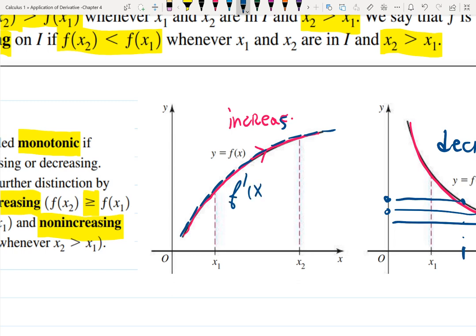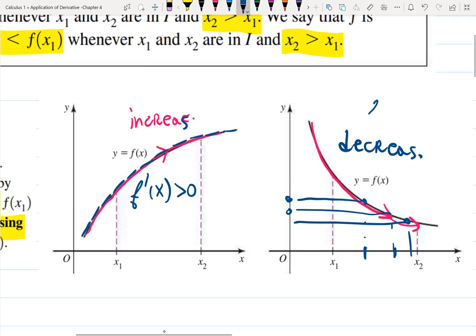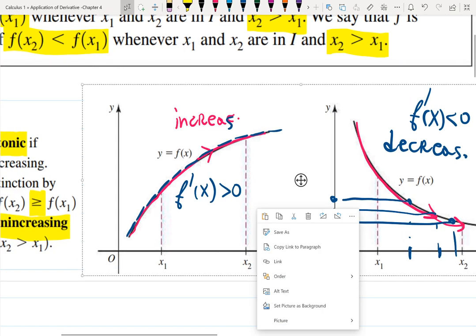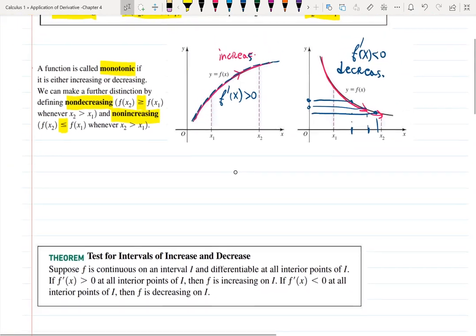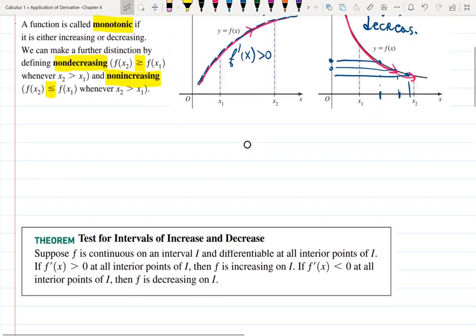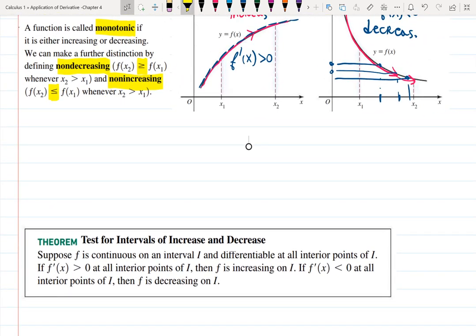f prime of x should be what? Positive. Wherever the derivative is positive, it seems like the function is increasing. Wherever the derivative is negative, it seems like the function is decreasing. Make sense? So we just basically need to find intervals where my derivative is positive or negative. And this is the theorem which is called the test for intervals of increase and decrease.